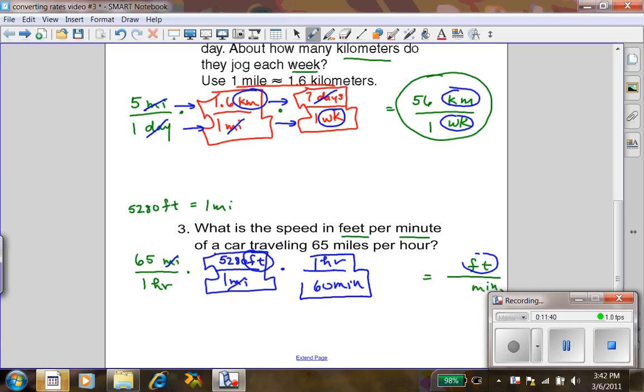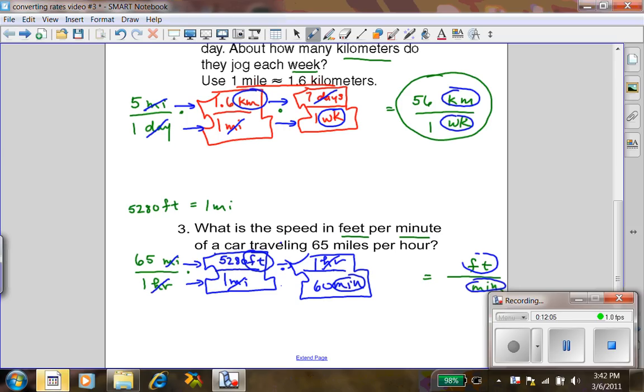I hope you used the same, because I will get hours on the bottom to cross out with hours on top. And what I will be left with is minutes on the bottom, which is exactly what I want right here. So since I've got the 2 units that I want, all I have to do now is multiply straight across. And let's see what we get.